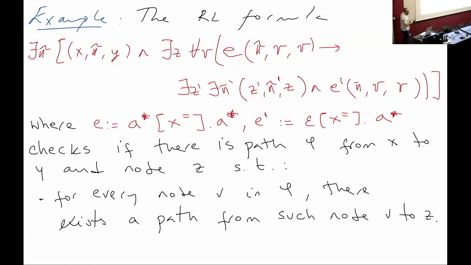It exists, I don't know if it is so visible, from X to Y, and there exists a node set such that each one of these nodes reaches the set. This is something that is expressible in the logic via a combination of quantification over registers and universal quantification.